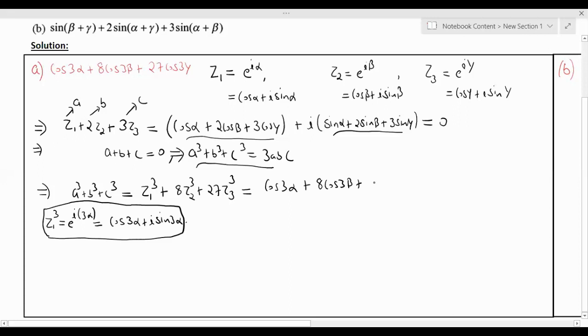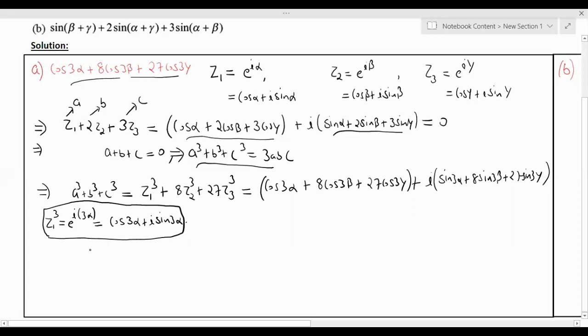And the third term will be 27 times cos 3 gamma. Our term is here, but other terms we also need to consider. You will have I times sine 3 alpha plus 8 times sine 3 beta plus 27 times sine 3 gamma. So this is the real part and this is the imaginary part.